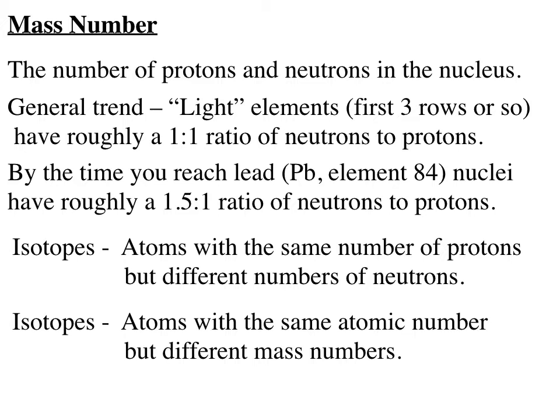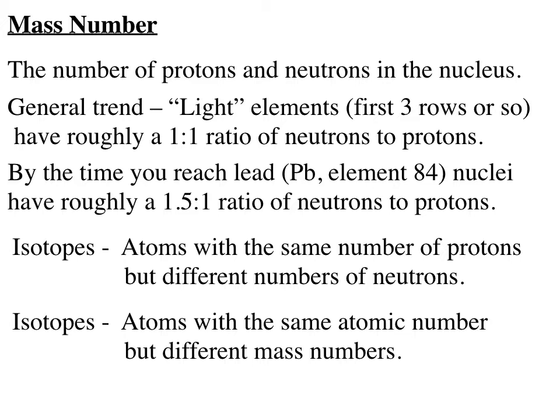Now, as for general trends, the so-called lighter elements, those present in the first 3 rows, roughly, maybe even going on 4 rows, generally have a 1-to-1 ratio of neutrons and protons in their nucleus. When you get to heavier atoms, they generally have a 1.5-to-1 ratio of neutrons to protons.